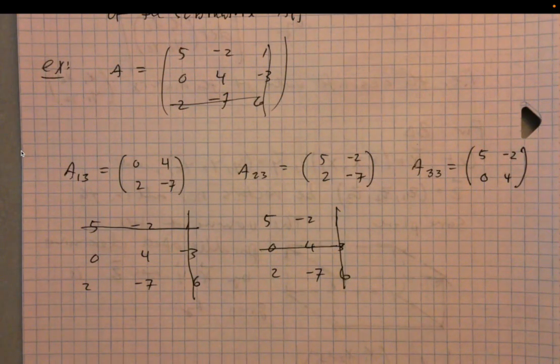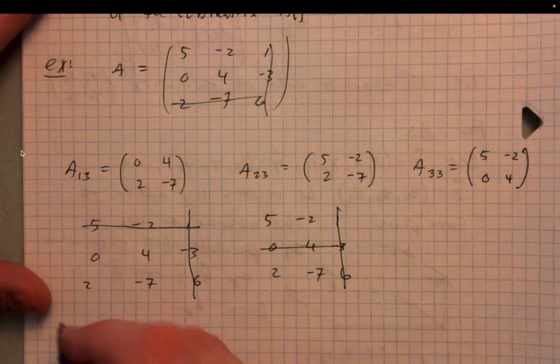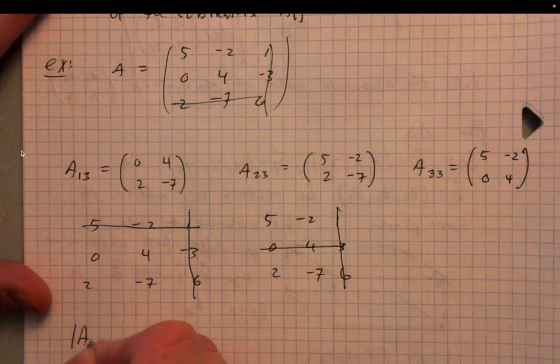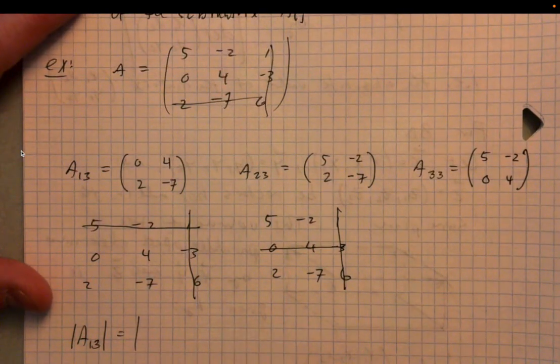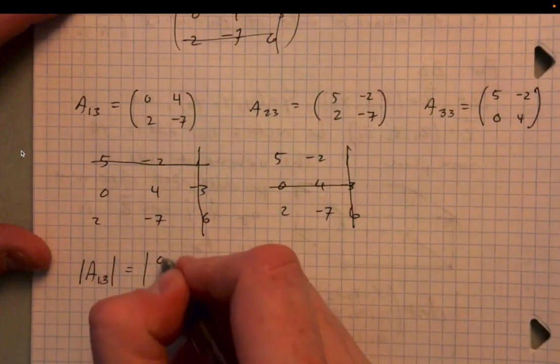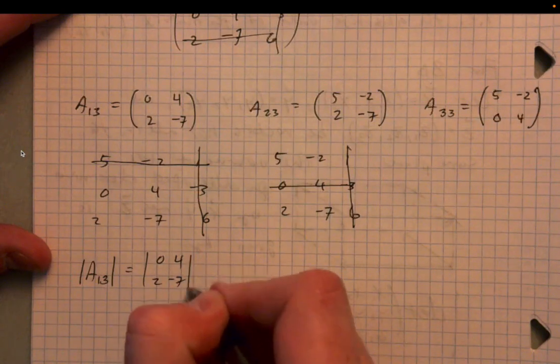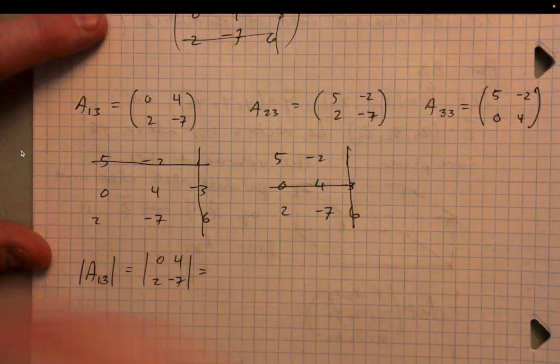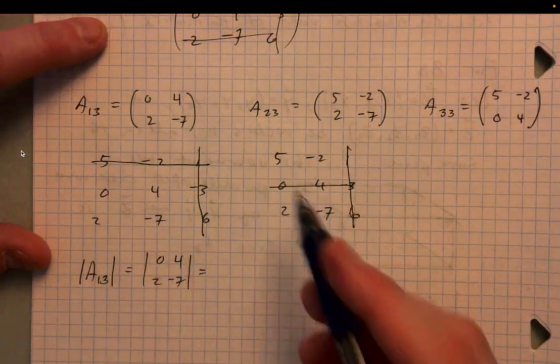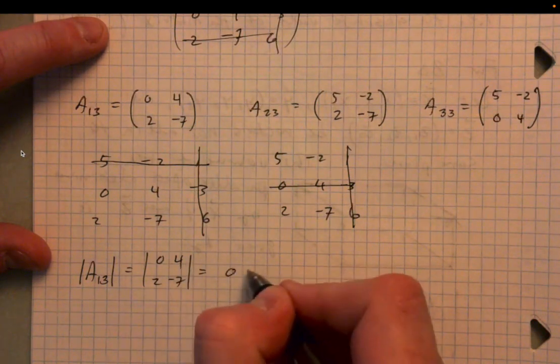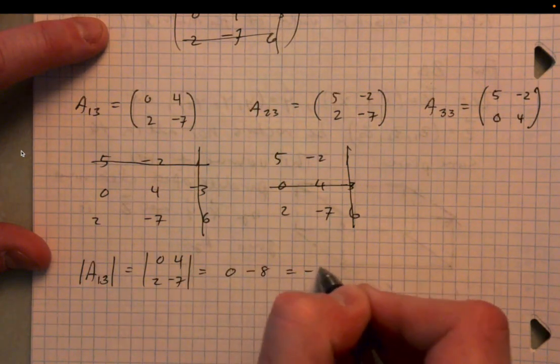Now, what is the A13 minor? Well, that's just the determinant here, right? So it's the determinant of this matrix, and we know this is a 2 by 2, so the determinant is easy to calculate. It's just going to be 0 minus 8.